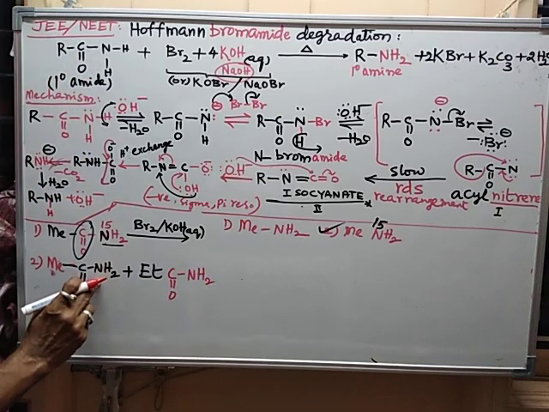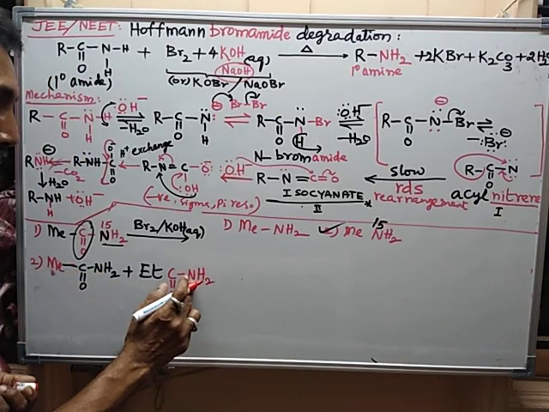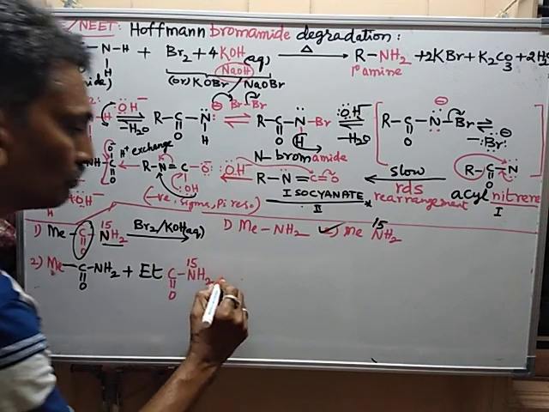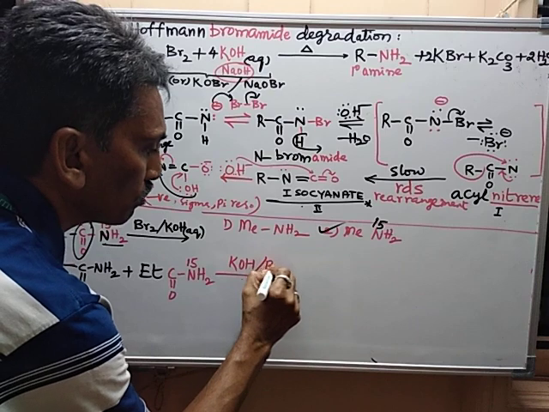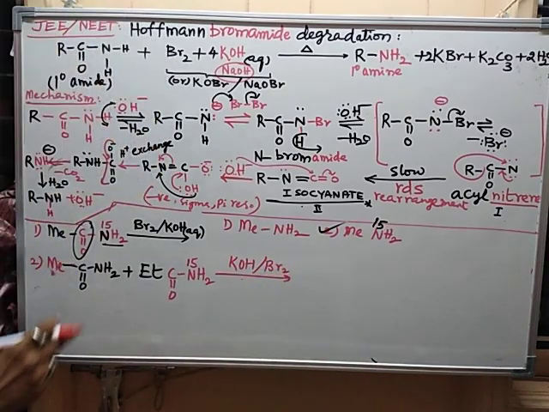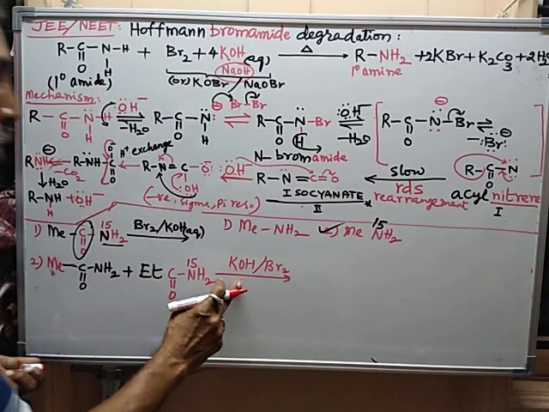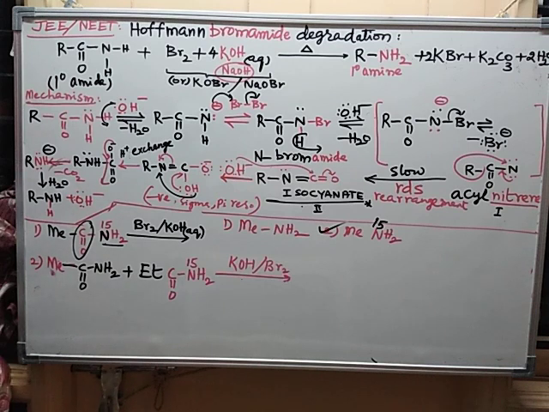In one amide normal nitrogen 14, in another amide it is 15, and treated with, as usual, KOH-Br2. When you see a primary amide with KOH-Br2, NaOH-Br2, Cl2, I2 combination, what should be flashed in your mind? That is Hofmann bromamide degradation. Okay, dear students, how do you answer? I would like to give options for a better understanding.